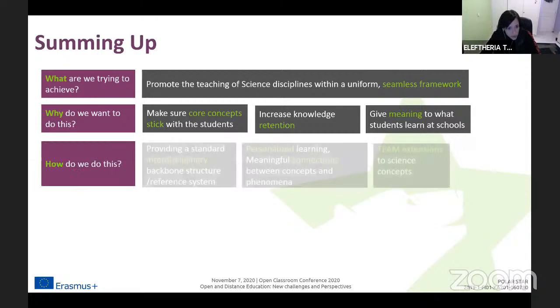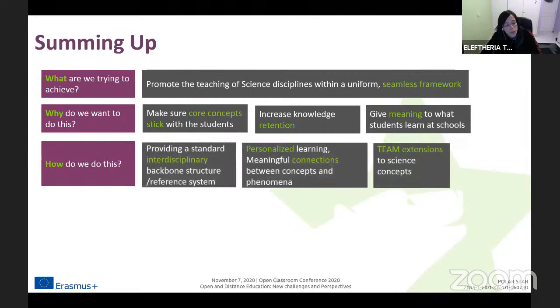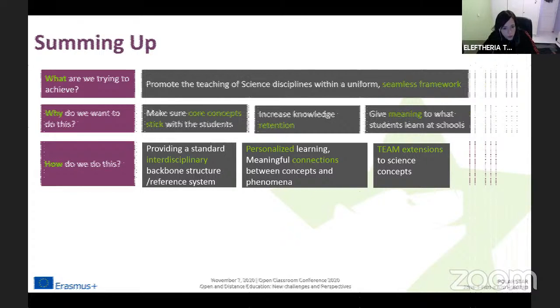How do we do this? We do it by providing the big ideas of science as a standard interdisciplinary backbone structure, or reference systems if you'd call it. We do this by making sure that we personalize learning as much as possible and by adding meaningful connections between concepts.